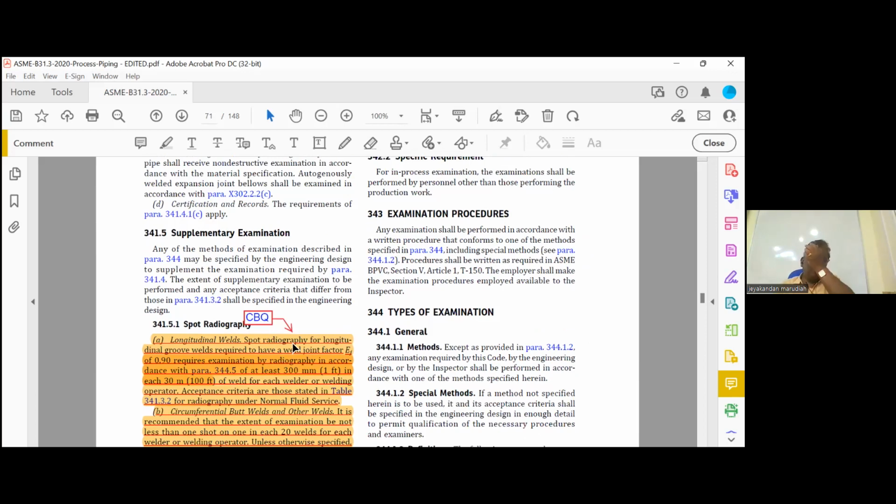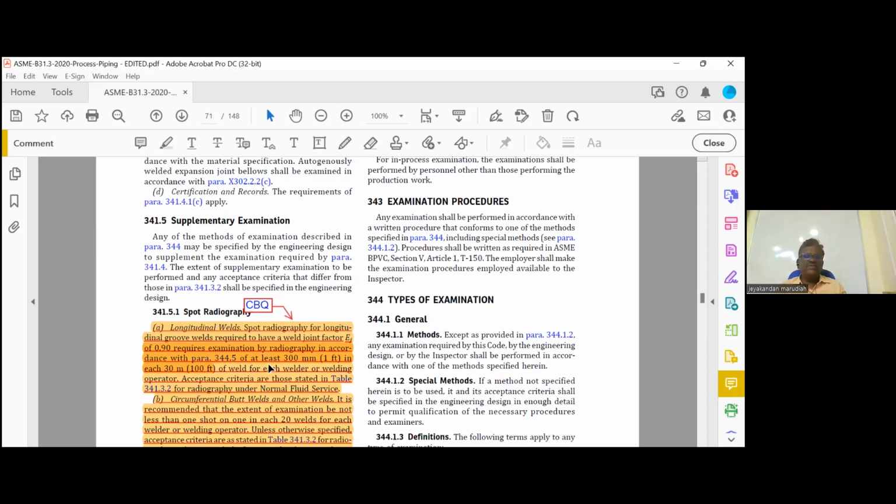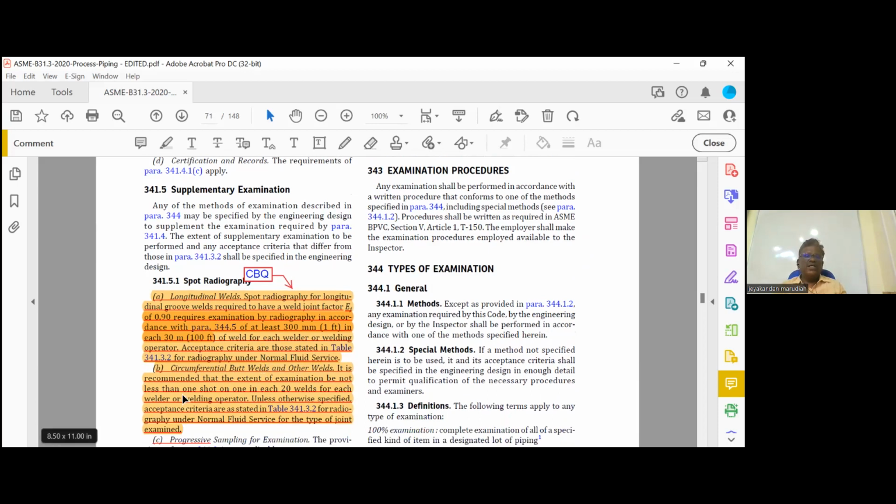Longitudinal weld: spot radiography for longitudinal welds, 341.5.1. Longitudinal welds required to have the weld joint factor EJ of 0.9 require examination by radiography of at least 1 foot in 100 feet for each welder. So every 100 feet, 1 foot you have to take radiograph. Then circumferential: it is recommended that the extent of examination be not less than 1 shot for each 20 welds for each welder. That is 5%.